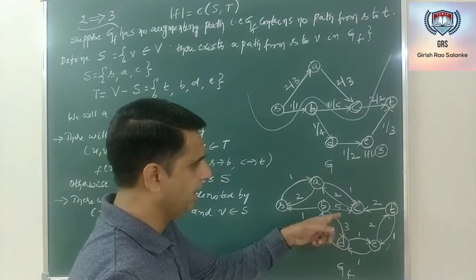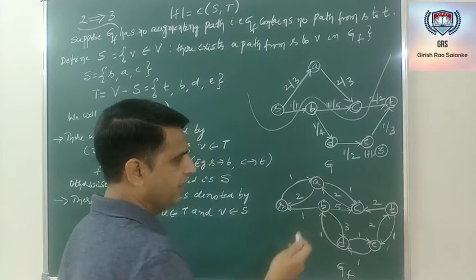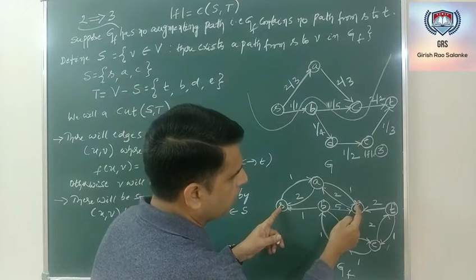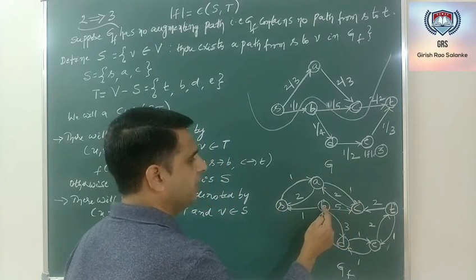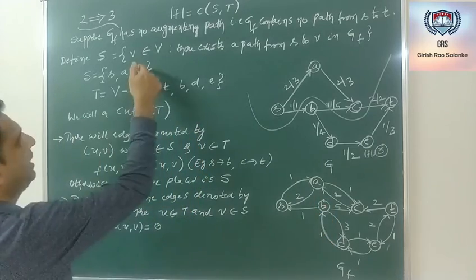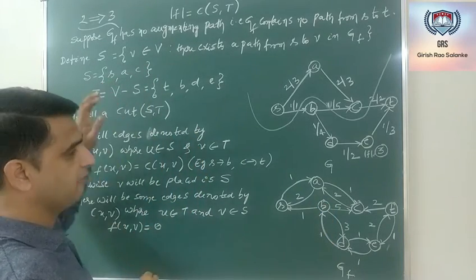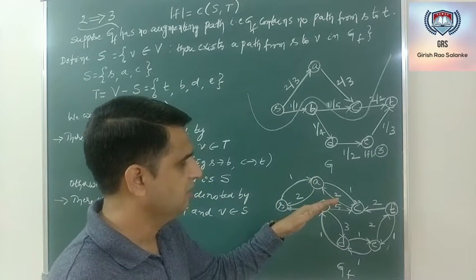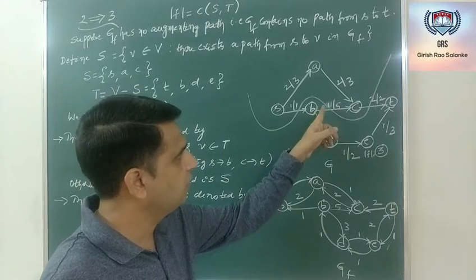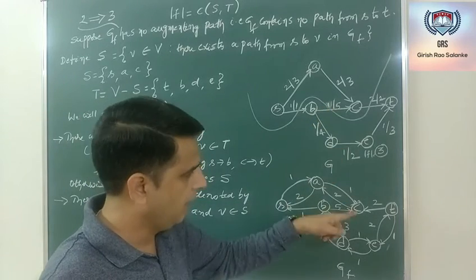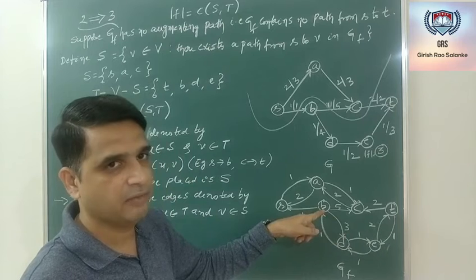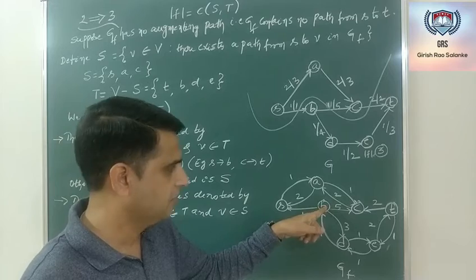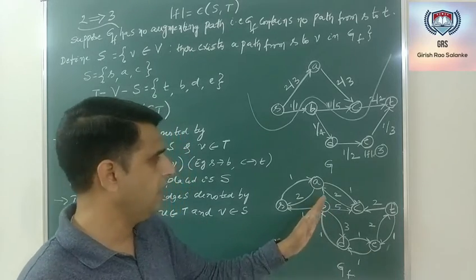Now if there is a backward edge from C to B, then it implies that from S I can go to A, and from A I can go to C, and from C I can even reach B. Then my B will be a part of S. While defining S, I have clearly defined that I am having all those vertices in S which are reachable from source. If this was not 0, if this was 1, I could have a backward edge. If I have a backward edge, then it implies that this B should be in S itself.